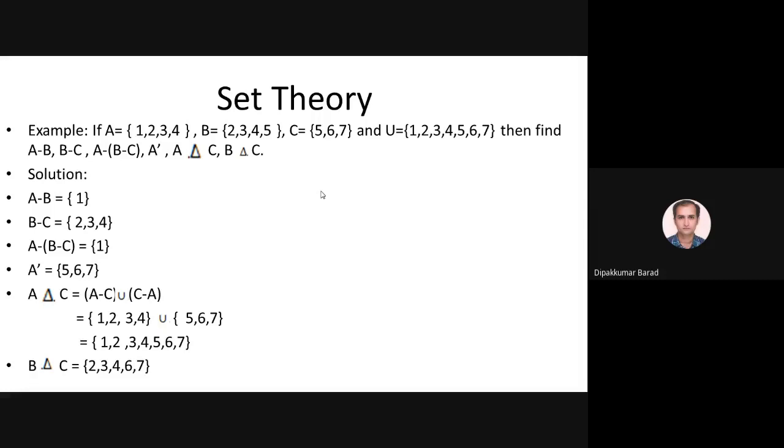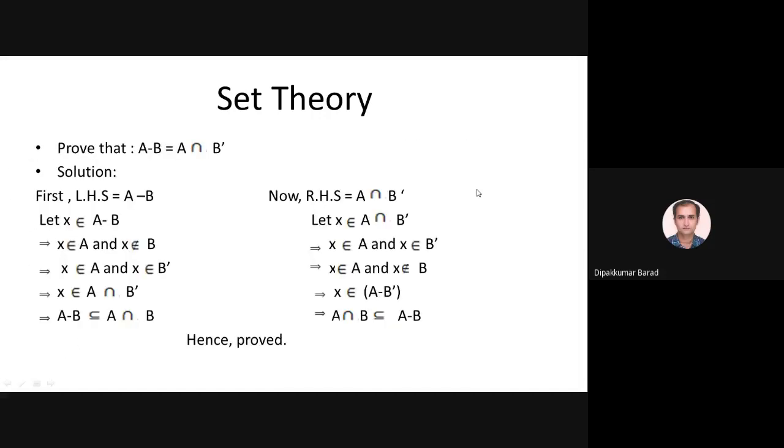Then A minus (B minus C): in B minus C we have {2, 3, 4}, and A has {1, 2, 3, 4}. So 2, 3, 4 are common, and removing them from A gives the singleton {1}. And the complement of A, with U as the universal set, is {5, 6, 7}. I think this is the basic example.